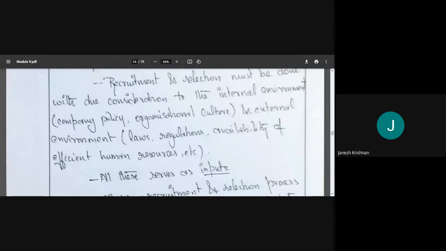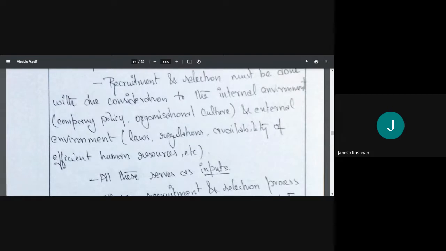As we said, we have an office in Kannur and we are going to set up an office in Kochi. There we have a requirement: we need a manager and a certain number of staff. Each of these staff has to do a certain job, and they should meet certain requirements. So this becomes the input.